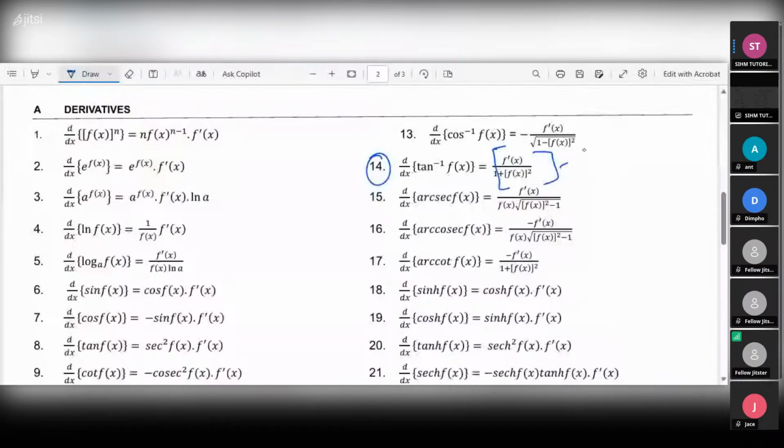this one here, which says the derivative of the inverse function, all divided by 1 plus the function squared.